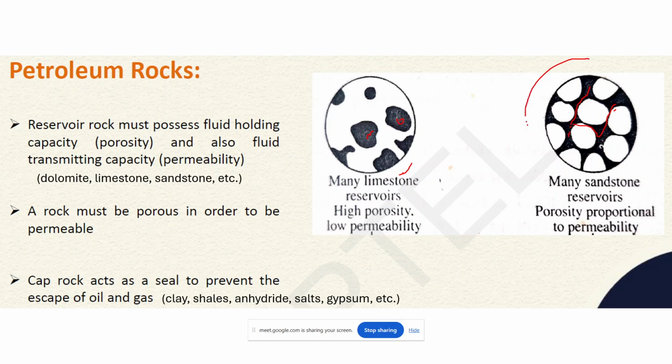Our requirement is this type of porous as well as permeable rock. Some examples of reservoir rocks are dolomite, limestone, sandstone, and there are many other forms. For a rock to be a reservoir rock, it should be porous as well as permeable.